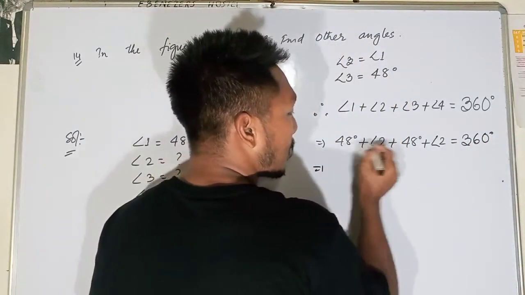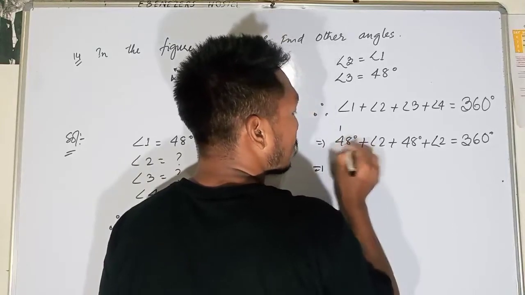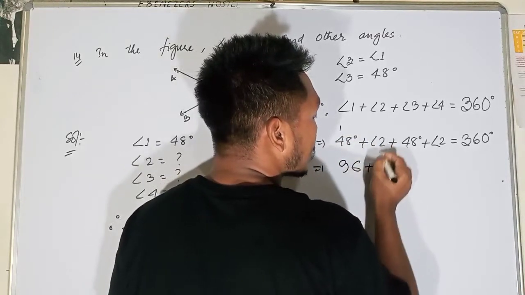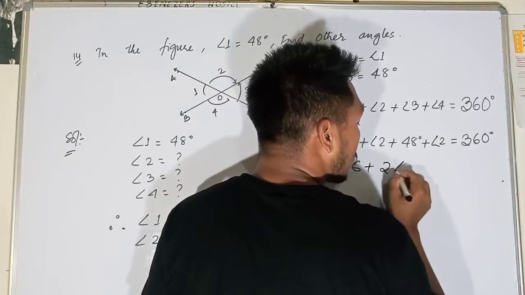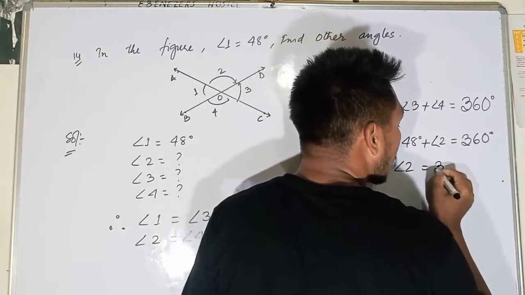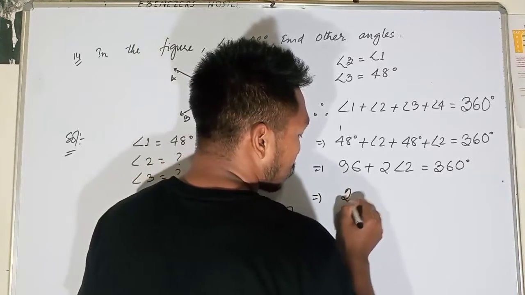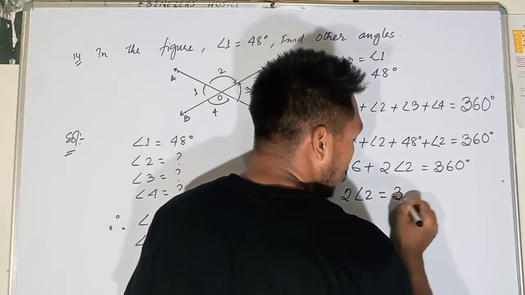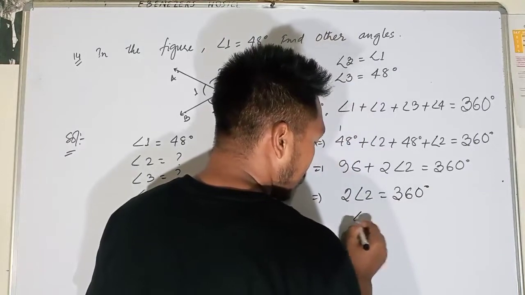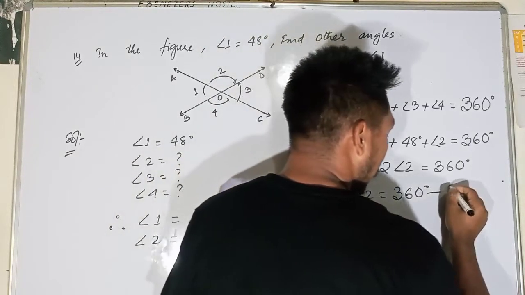Now 48 plus 48 equals 96, plus angle 2 plus angle 2, which becomes 2 times angle 2, is equal to 360. So 2 times angle 2 is equal to 360 degrees minus 96.